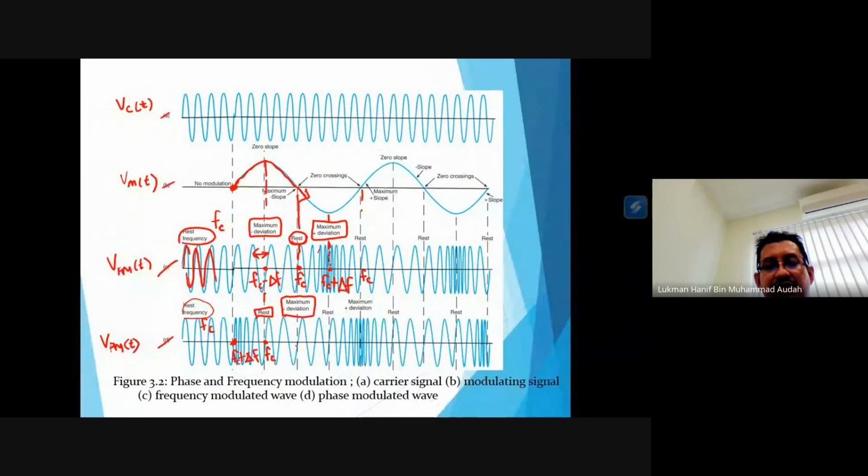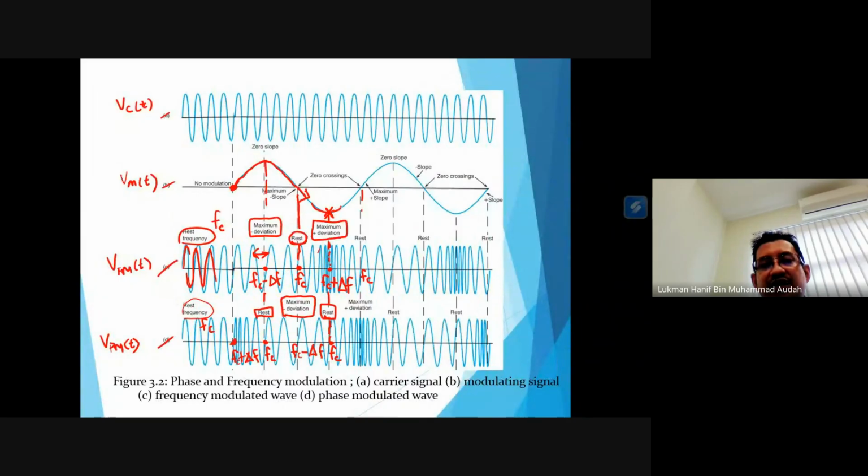So it is Fc minus delta F, the minimum frequency. Then the signal reaches the negative peak amplitude. What happens at the output in picture D? It would be at rest frequency, meaning that at this point the carrier would be at Fc frequency.